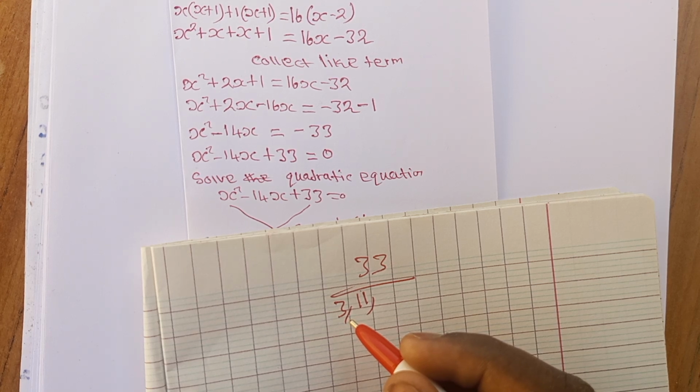You take 15. 15 can enter, but there is a remainder. We take 16 again. 16 can enter, but there is a remainder.